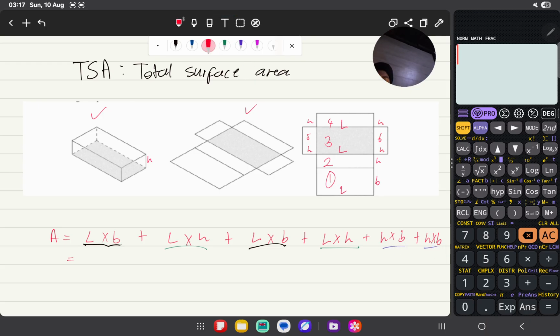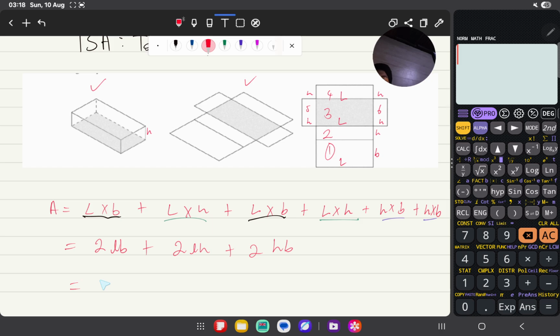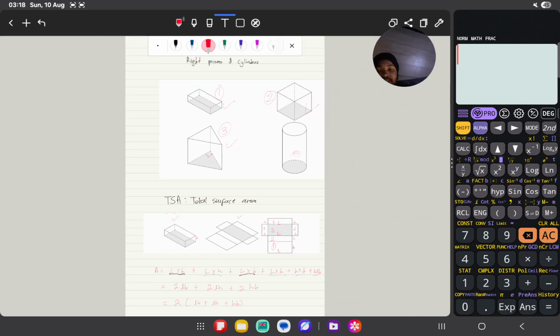So you're already seeing that the total surface area is 2LB plus 2LH plus 2HB, right? Which you can also simplify to 2 into (LB plus LH plus HB). There is your total surface area for a rectangular prism. You can memorize it. If you forget it, use the net to get it.